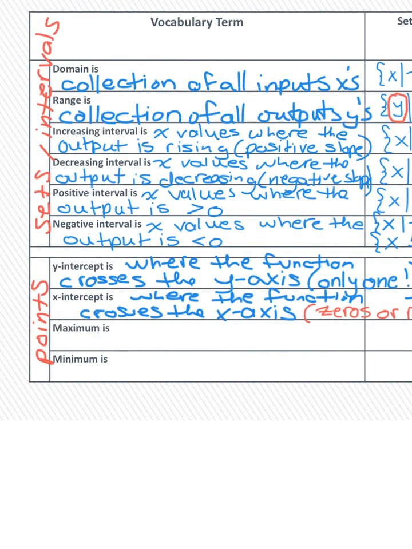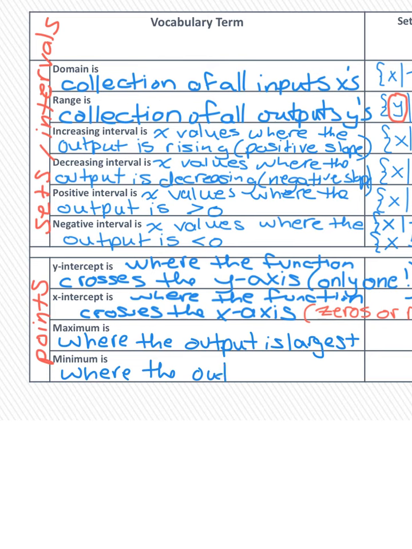And the last 2 terms, maximum and minimum, refer to the output. The maximum is where the output is largest, and the minimum is where the output is the smallest. They are also points, and you could refer to them as points if you wanted to, but usually we just use a value.